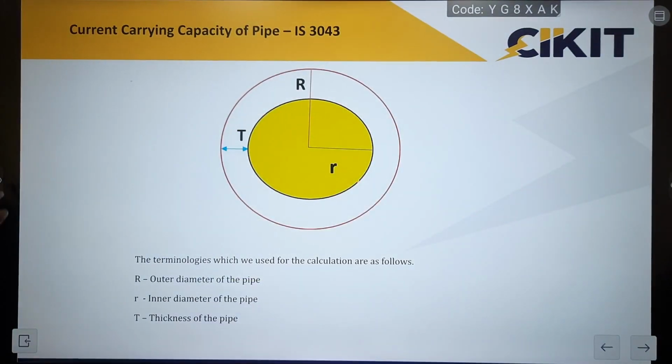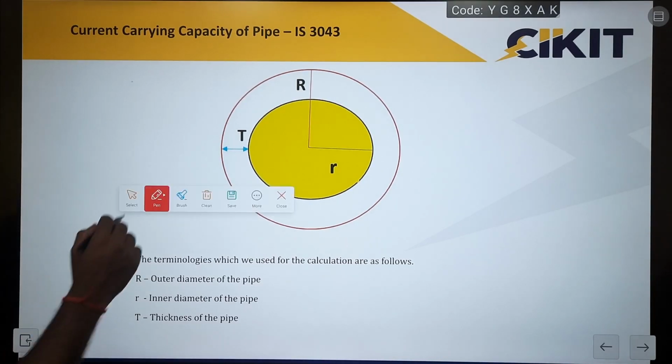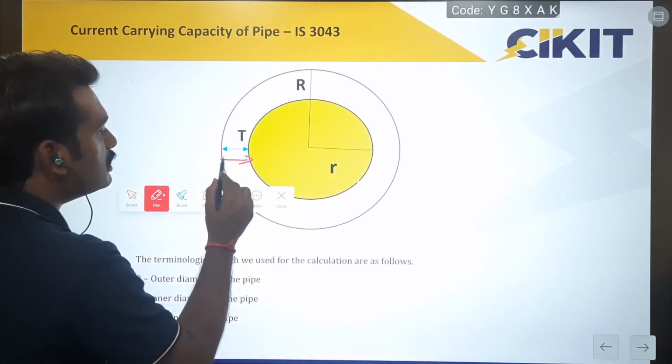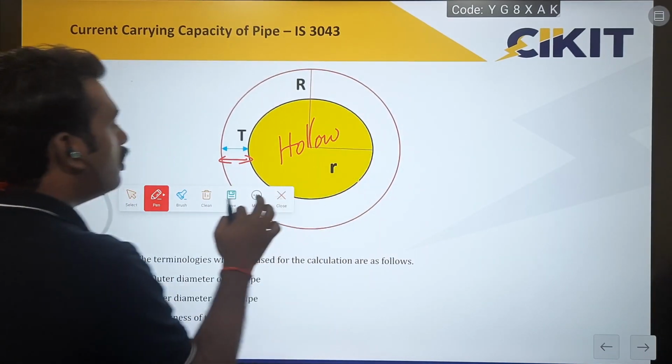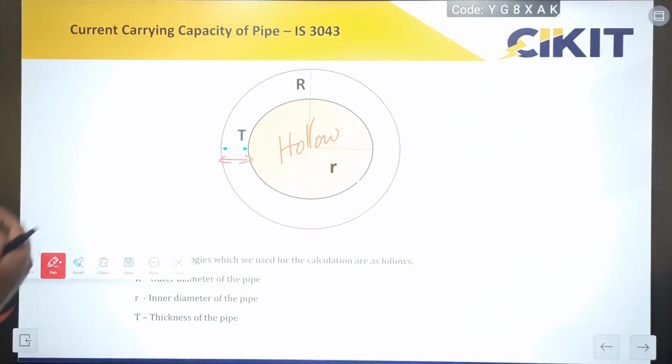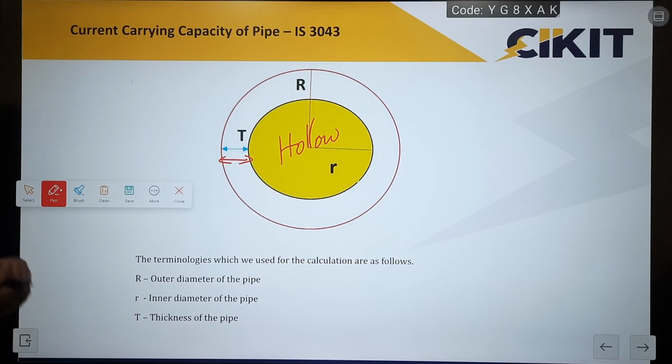If you take this pipe as an example, the conduction will take place only on the thickness. It won't happen on the inside because the inside area will be hollow. So the conduction will take place only on this thickness alone. Accordingly, we have to perform the calculations. If you take a rod as an example, we can tell that for a 14 mm rod or 17 mm rod, this much will be the fault current withstand capacity.